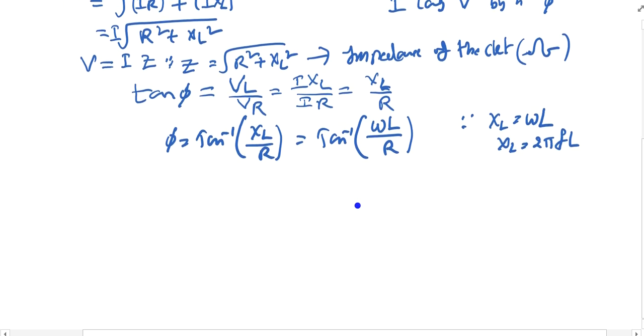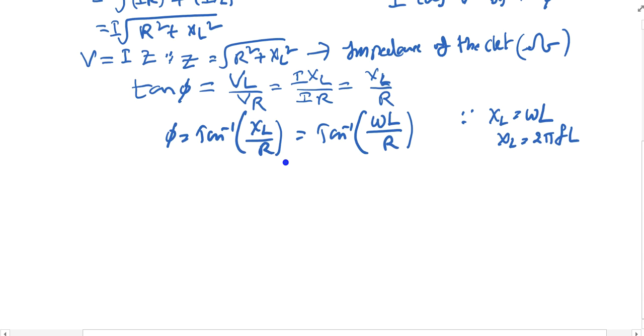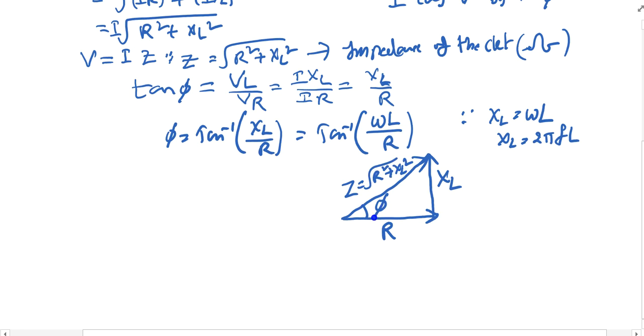From this information, if you draw the relation between R, XL and Z in a vector diagram format, this is R, this is XL, and this is Z, where Z is nothing but the square root of R squared plus XL squared. This angle is called phi, and this diagram is called the impedance triangle.